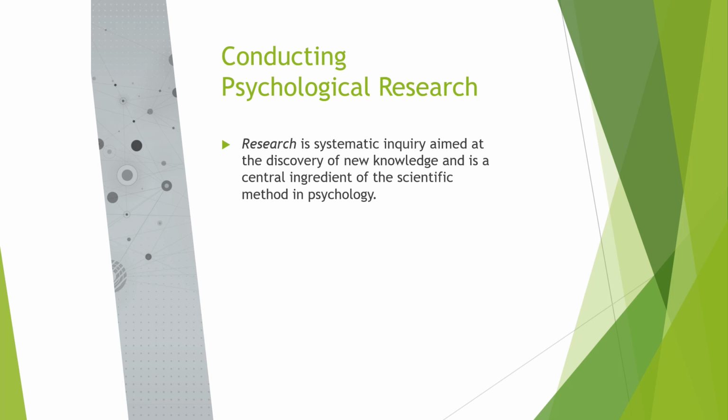If you remember the optic R that we talked about in Module 4, we are going to talk about how we go about using that scientific method in the research that we conduct.